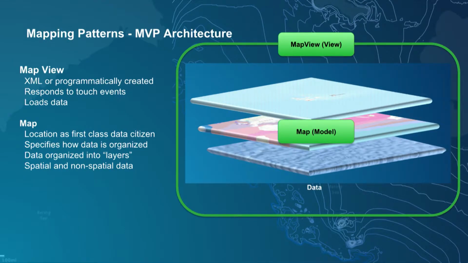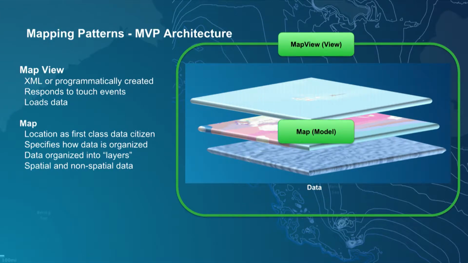So let's talk now about the mapping patterns. This is a nice transition point because just like we were working with MVP in the architecture of the app, we're also working with a component that has that same notion. We have a map view, which is an XML layout file where you define your map view, or you can programmatically define it or dynamically add it to your app.